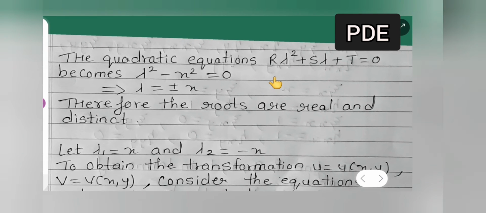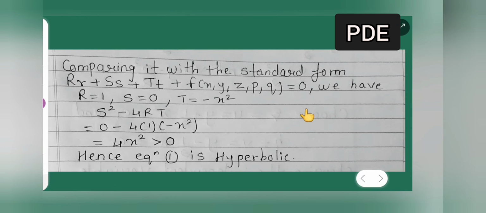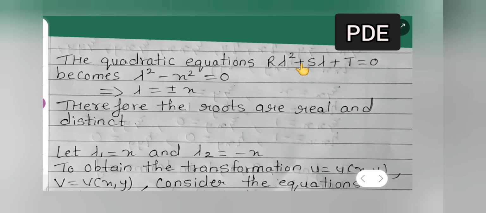So this quadratic equation will become λ², because the value of r is 1, minus, now this is s. The value of s was 0, right? So then last is t. t is nothing but minus x², equal to 0.